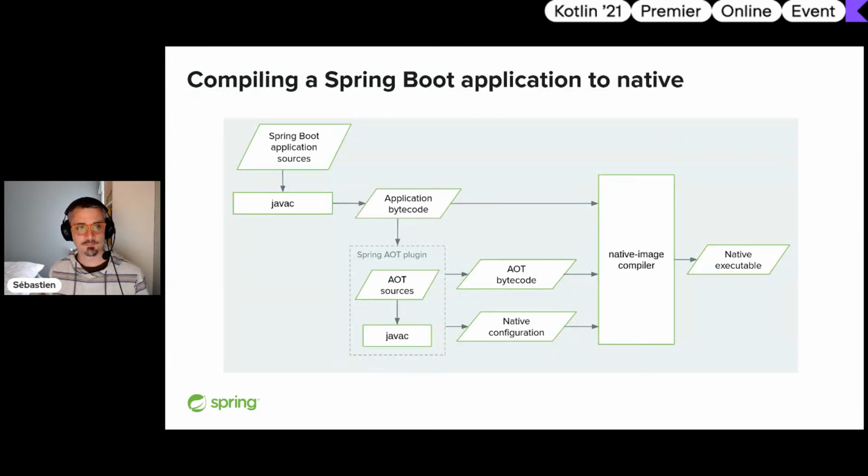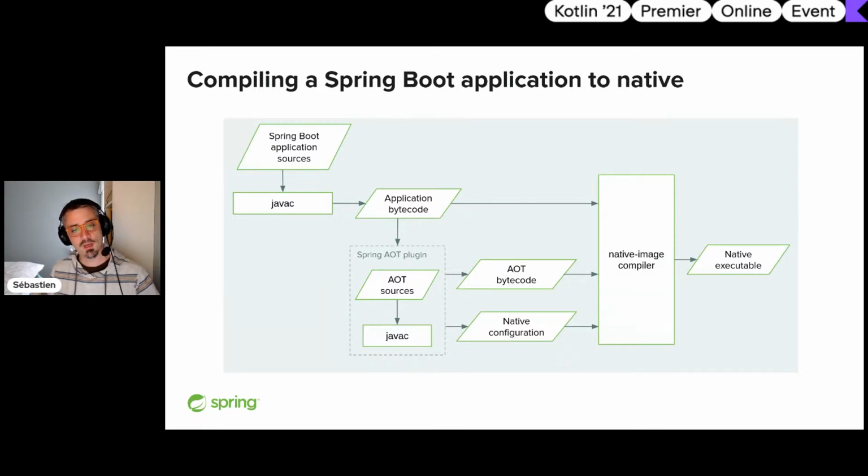So you have your regular Spring Boot application source code that is typically compiled with Javac and that generates your application bytecode. This is what happens typically via the Spring Boot Maven or Gradle plugin, and that will continue to be the same.